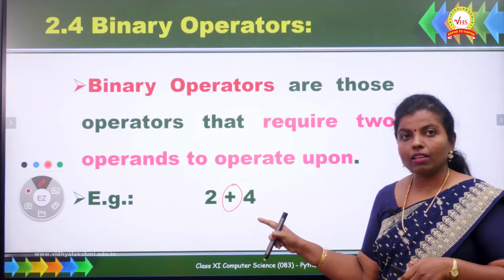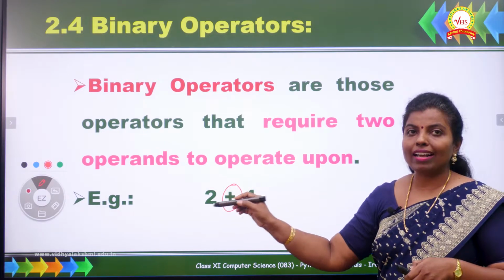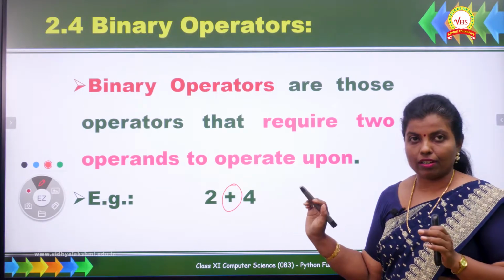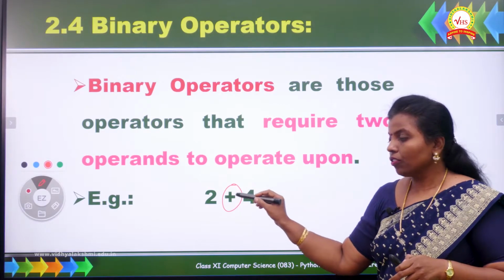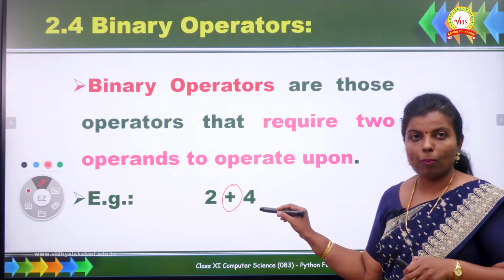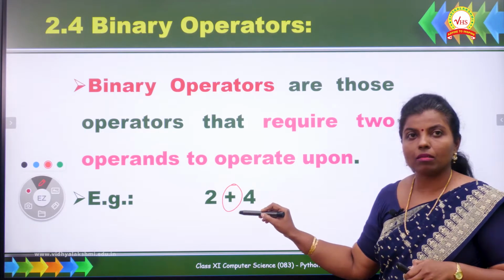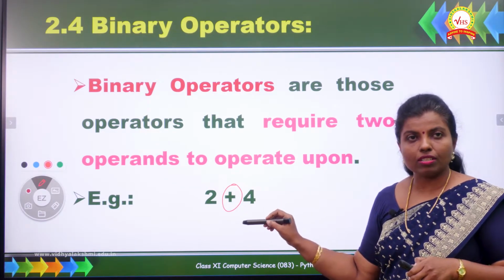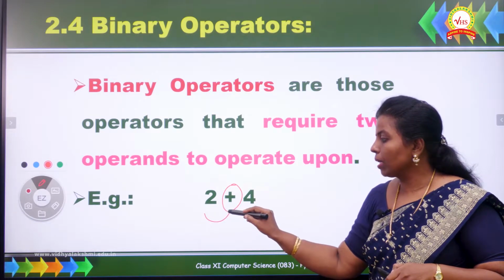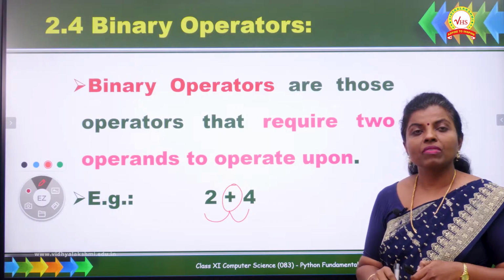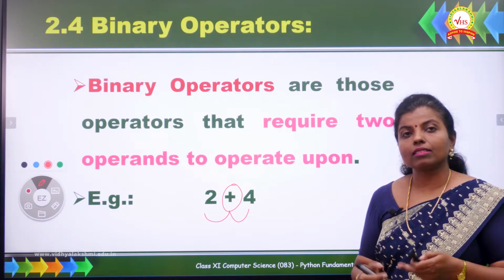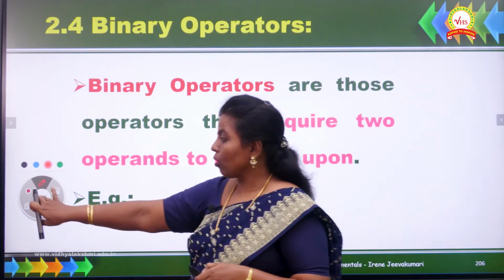This plus symbol requires two operands, before and after the operator, because here this plus symbol is referred to as an addition symbol. So, this addition symbol requires two operands to operate upon, one before and one after. That's why this is referred to as a binary operator.